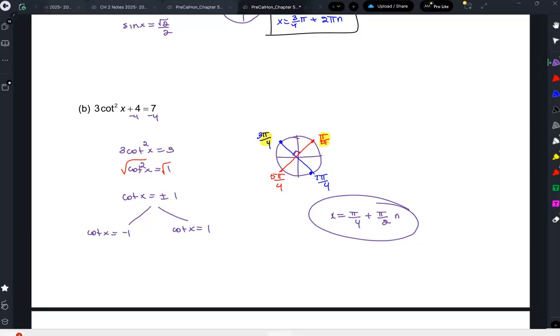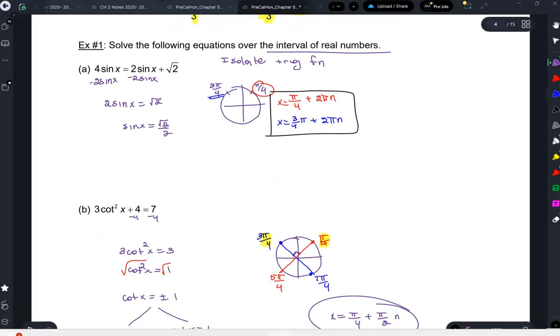So on the first one, why didn't you just do plus pi? Because look, from one solution to the next solution, from here to here, it's 90 degrees. From the first one to the second one, it's 90 degrees. But then to go from here to the next one, it's not 90. They're not at regular intervals.